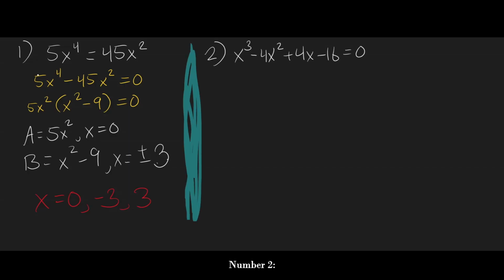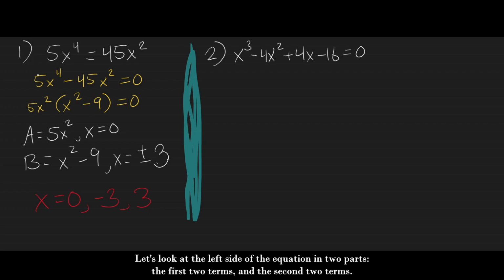Number 2, x cubed minus 4x squared plus 4x minus 16 equals 0. This is our first time seeing a full-length cubic equation. Don't worry, it won't be difficult at all to solve. We're going to factor this using the grouping method.